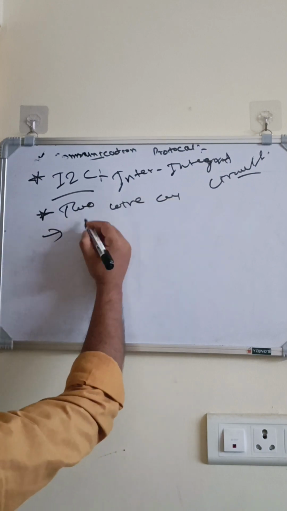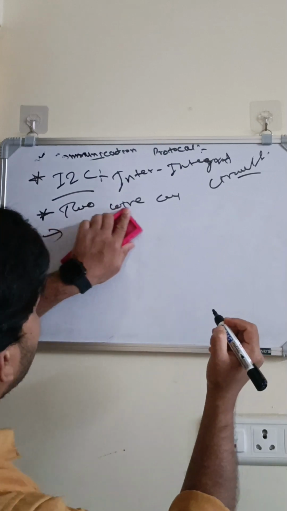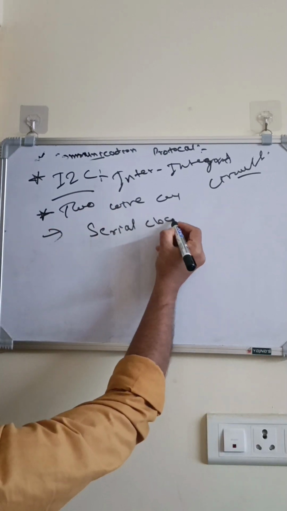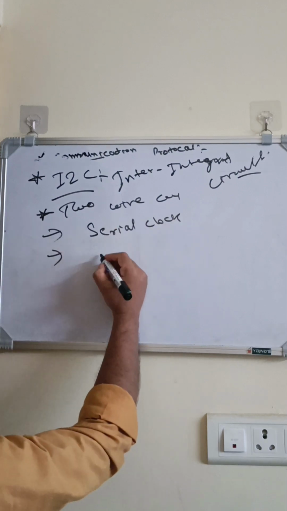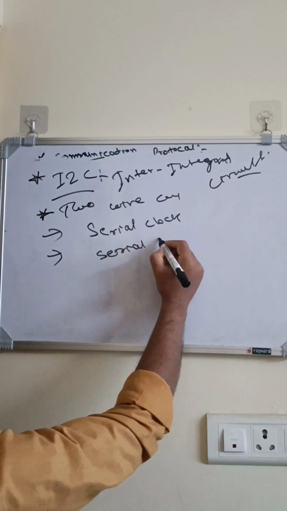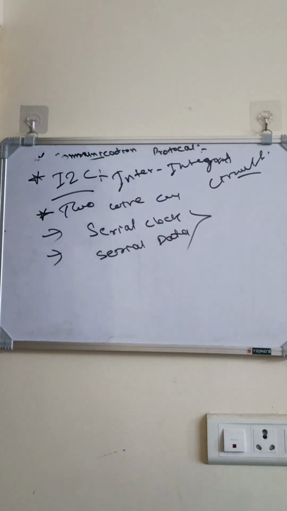What is that? One is serial clock. Second is serial data. So this is two-wire communication in the I2C, serial clock and serial data.